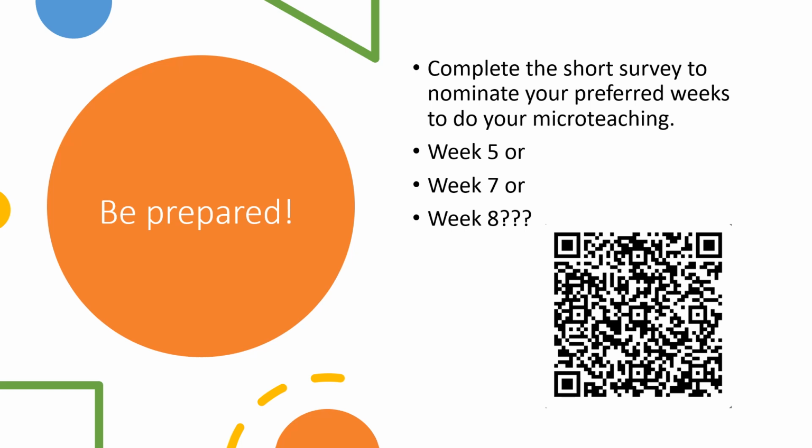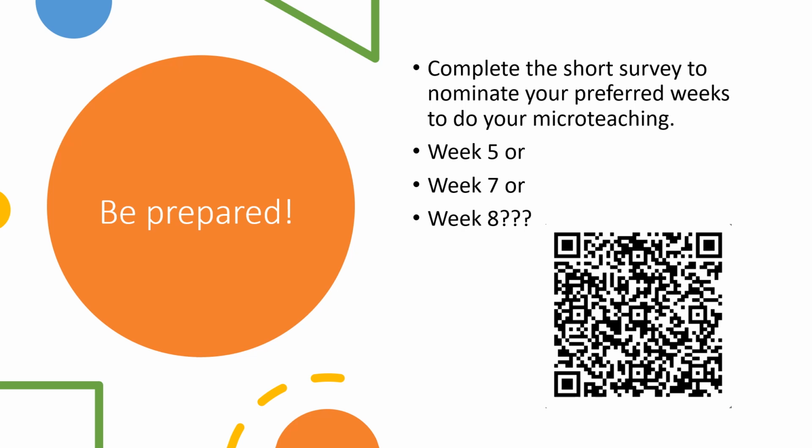If you can complete the short survey by using the QR code which is up on the screen, then you'll be able to nominate your preferred weeks to do your micro-teaching. We'll be having opportunities in week 5, week 7, and week 8.